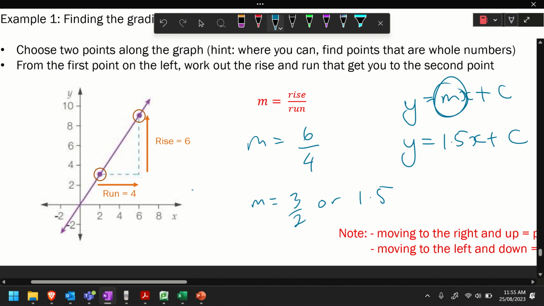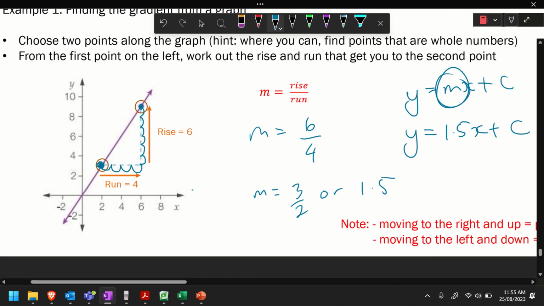They use these 2 points here. According to this, the run would be 2, 3, 4, 5, 6. So that's 4 spots to the right. And then from here 3, 4, 5, 6, 7, 8, 9. 6 spaces up. So the rise over run is 6 over 4.